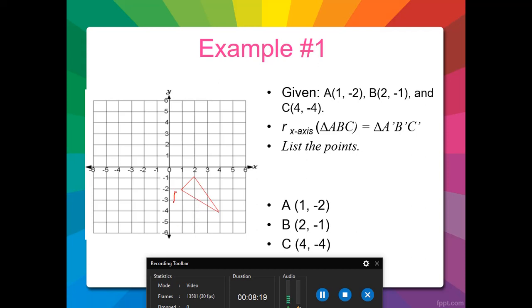This is A, this is B, and C. The rule says reflect the triangle in the X-axis to create its image. It also says list the points. Whenever you do a transformation, we rewrite the ordered pairs and their names somewhere on the paper. So you can use your white space, but you want to write down the location of A, B, and C.